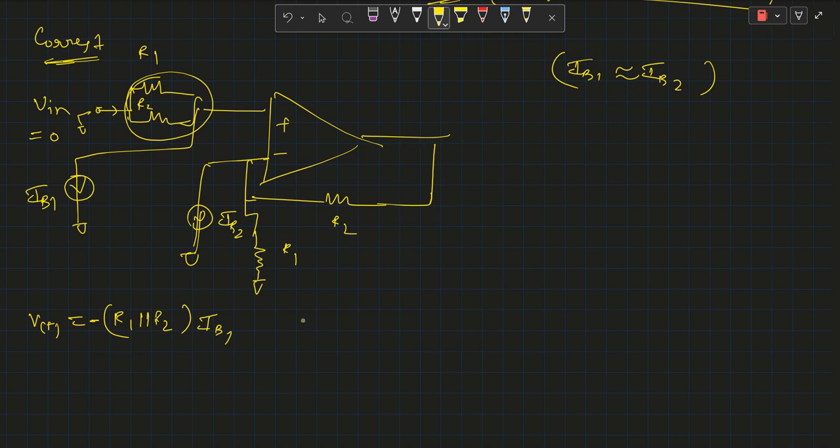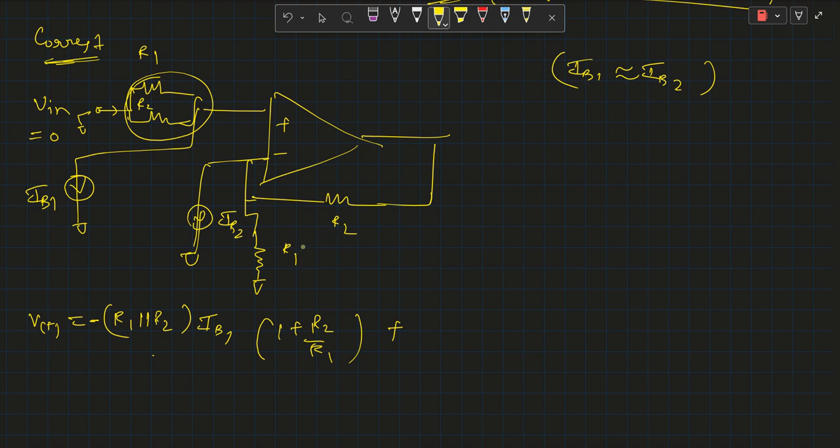Due to this voltage, the output voltage appears. This is ground, and the voltage appears on the positive terminal, so it acts as a non-inverting amplifier, and we get 1 plus R2 by R1. I am directly writing the equation.